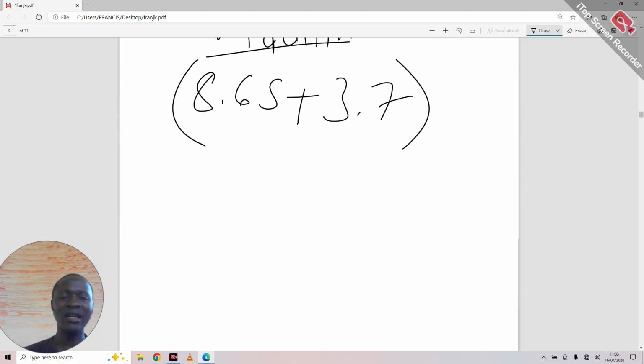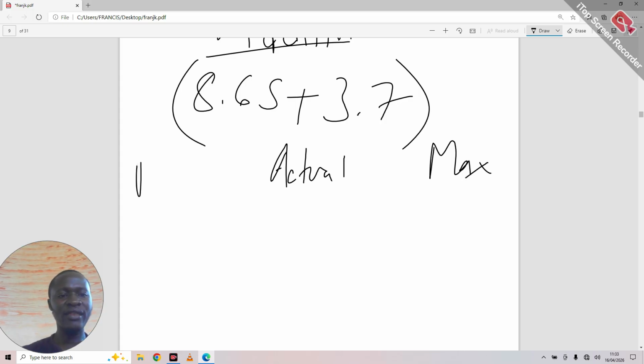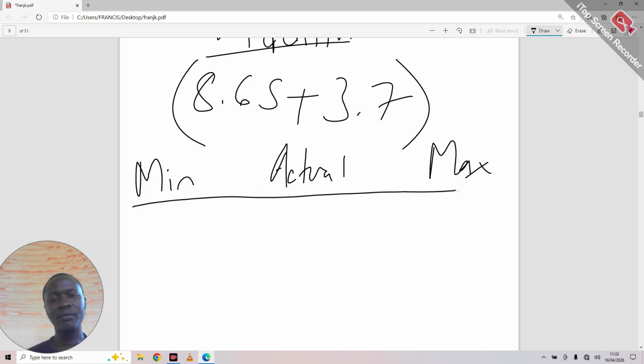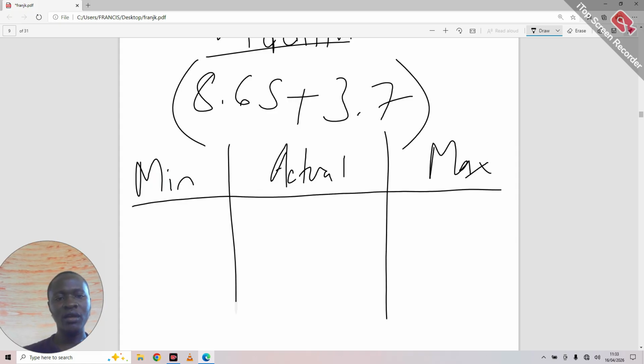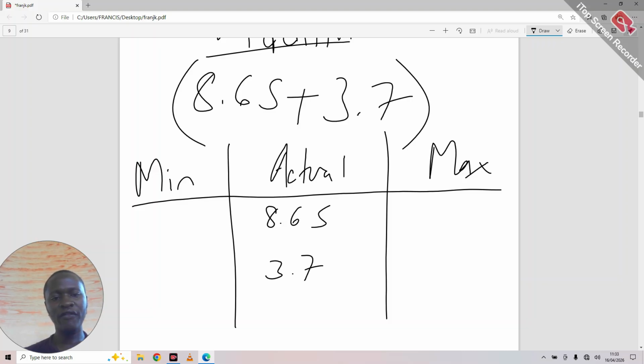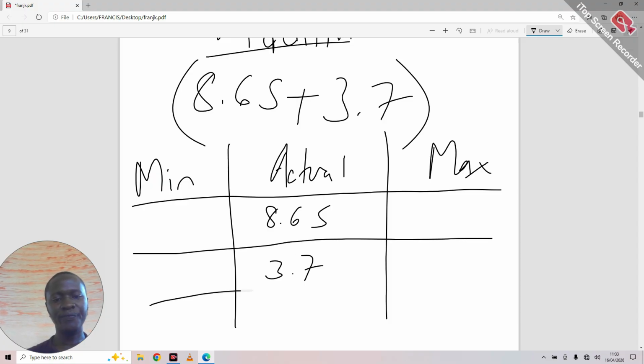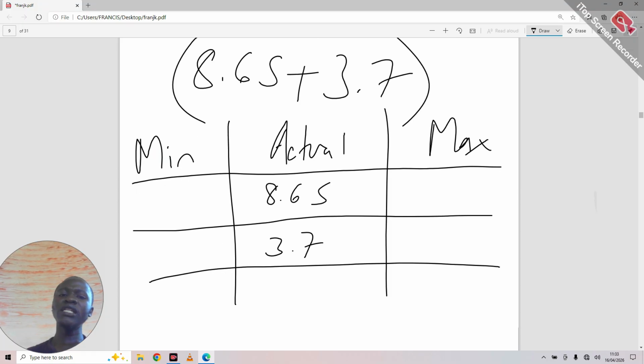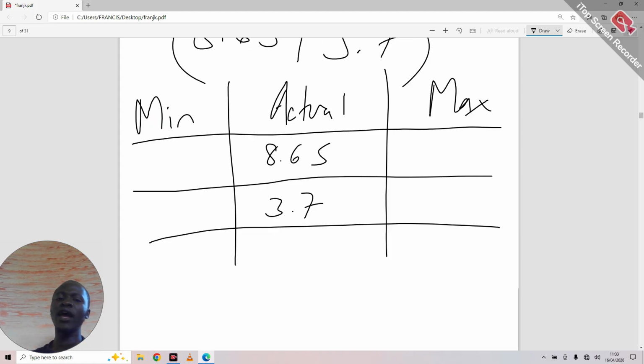So first of all, arrange your work. We have the actual, the maximum, and the minimum. So the actual, we have 8.65 and 3.7. So what is the accuracy in 8.65? That is 0.01.